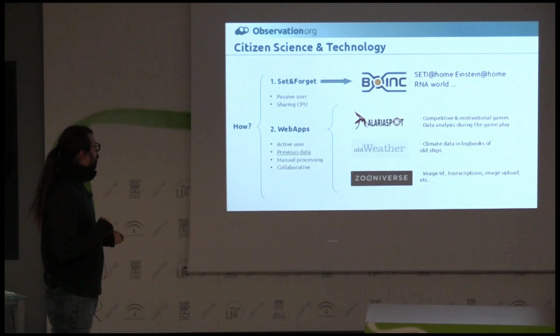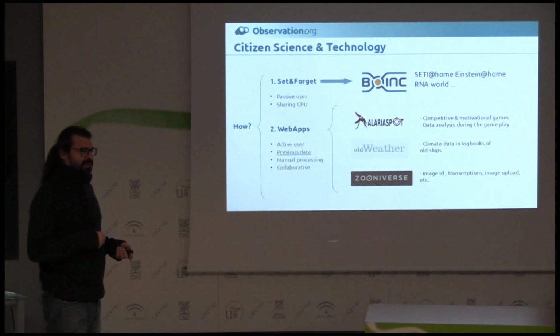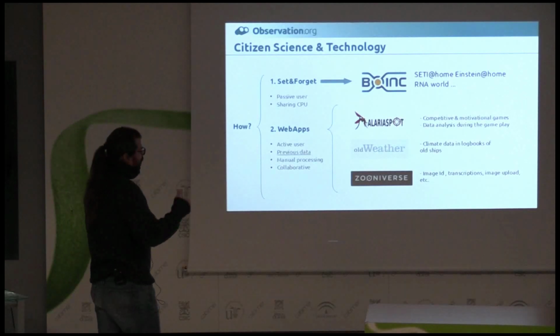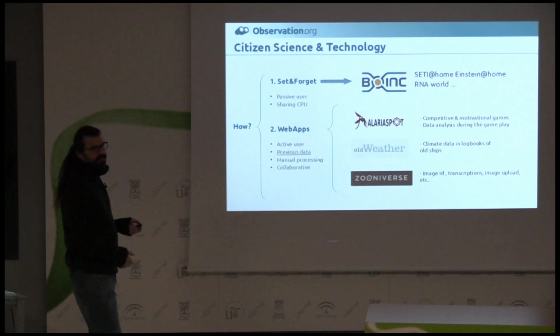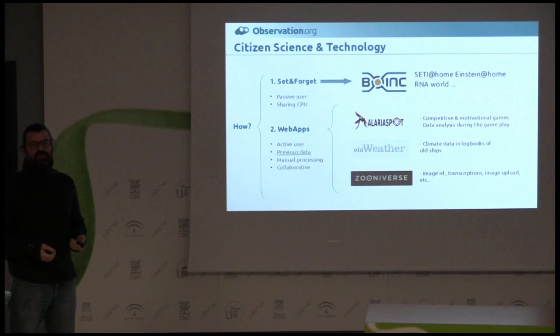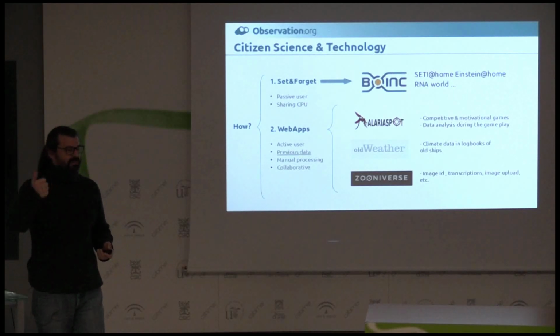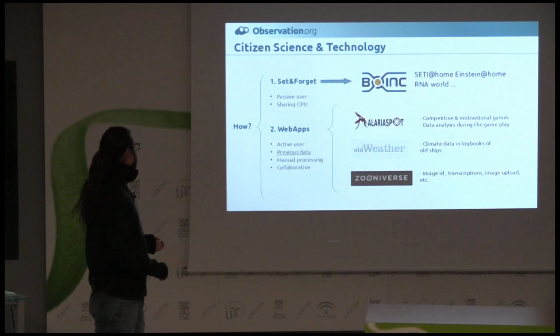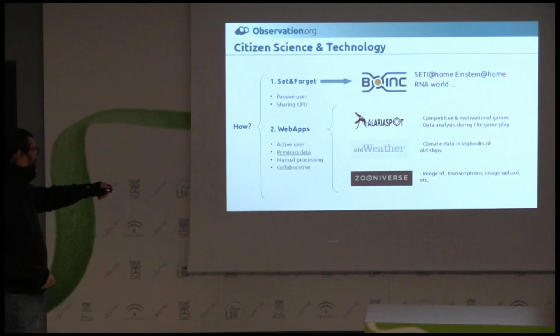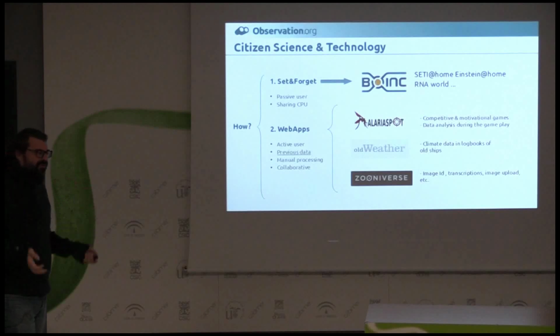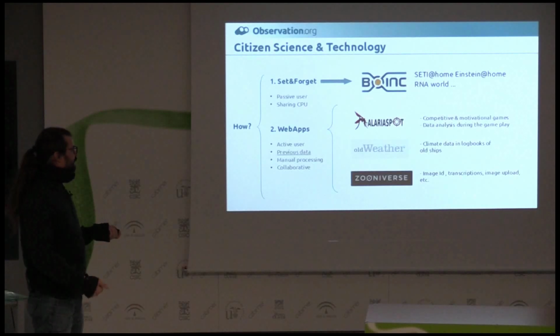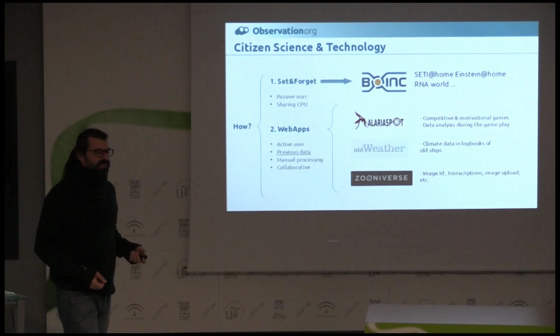Also, you have the Old Weather project, where you take all the logbooks of old ships. You have a lot of information there about the climate, but you have to go there and review one by one, trying to search for the temperature, winds, etc. Or Zooniverse, a very big project involving a lot more projects for image ID, transcriptions, images, etc., etc.